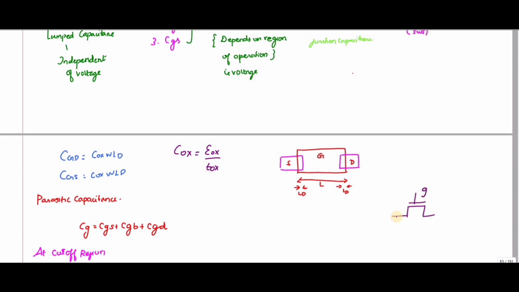This is nothing but G, and this is source, and this one is drain. So here I have one capacitance, that is CGS, and this one is CGD, and the capacitance from gate to this, my bulk, right? So this is nothing but CGB. B represents bulk. Okay.